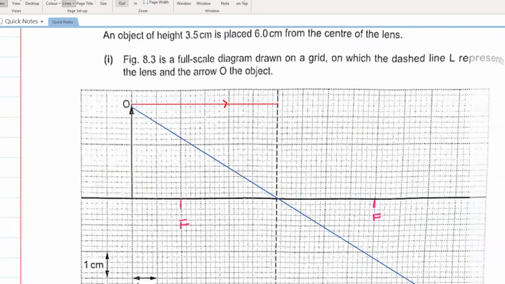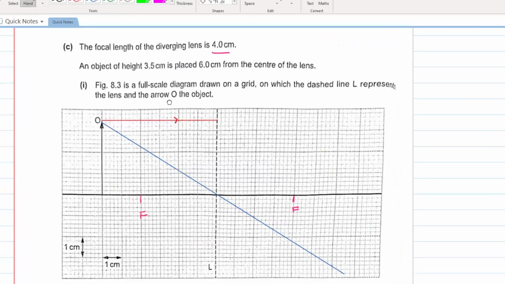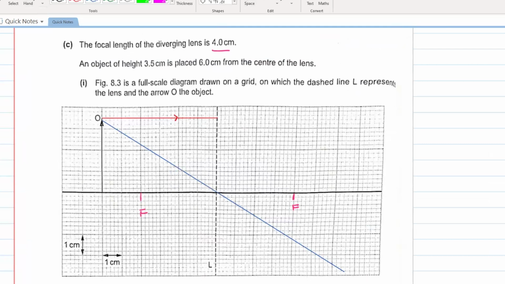Now, which type of lens is this? This is a diverging lens. So, do you remember, in a diverging lens, if you extend this ray backward, it will pass through the focal point like this. And what do we usually do?